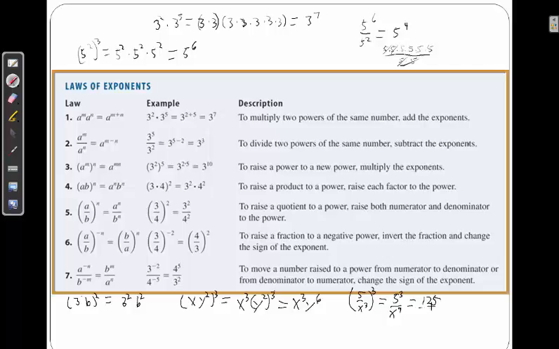I'm even occasionally guilty of that, so just be careful. Especially if you've got several pieces inside, people might put the 2 on the a and the b, but forget to put it on the 3. Don't forget to put it on the 3 as well.